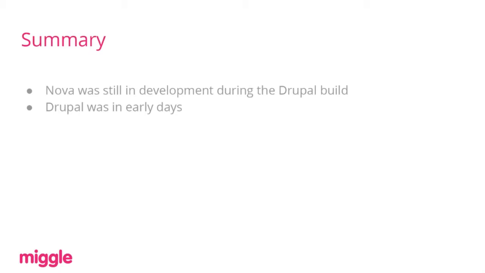So, in summary, I guess the main pain point during the project was, as I touched on, the Nova system was being developed in parallel with the Drupal system. So in terms of the integration, it was a little bit unknown to begin with.